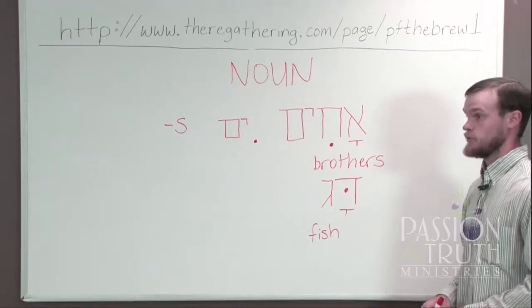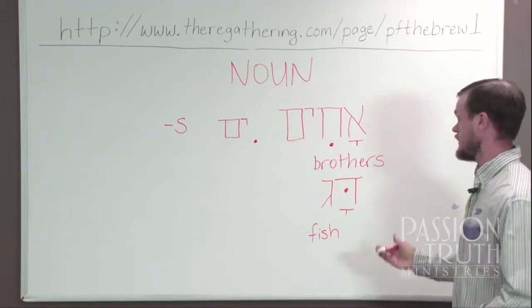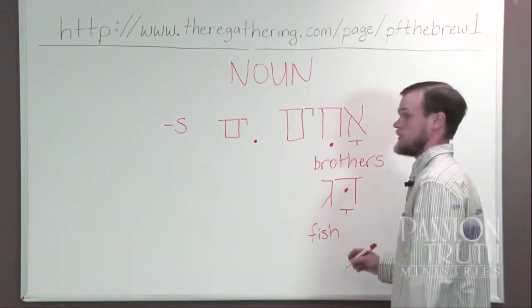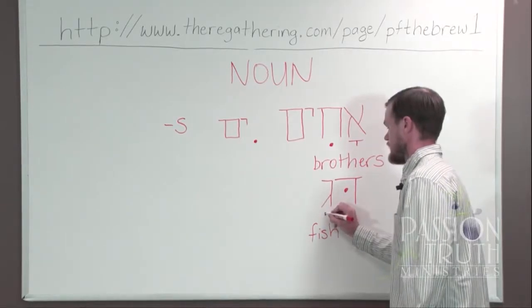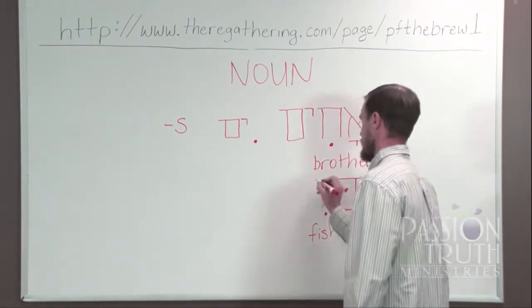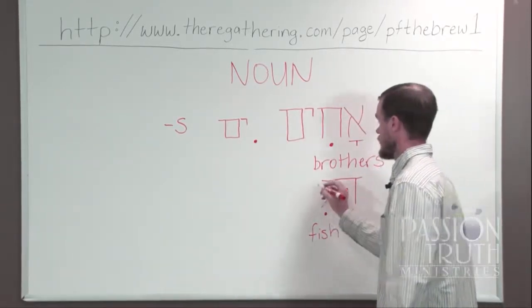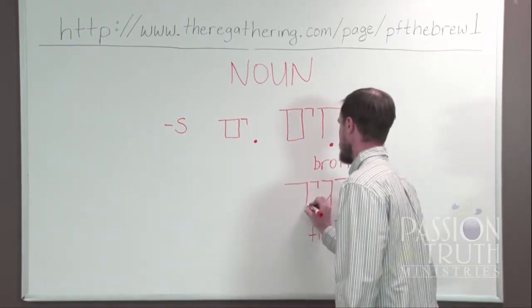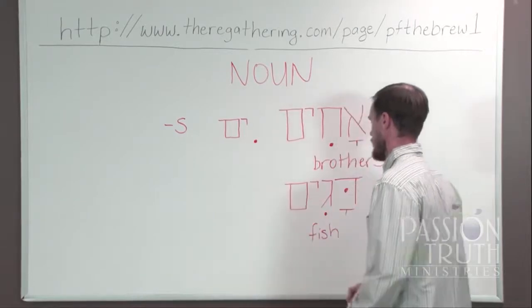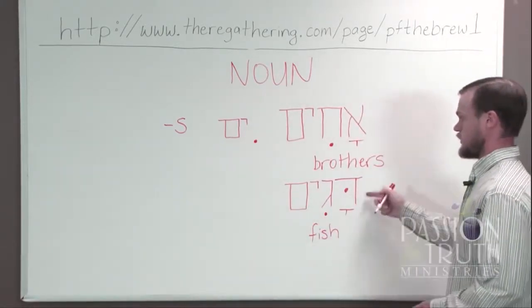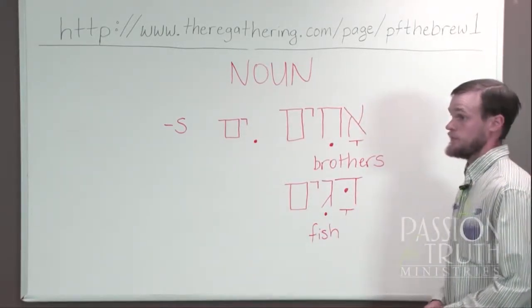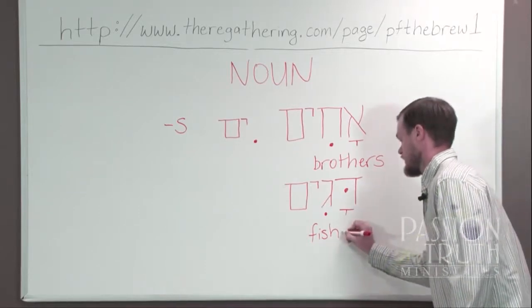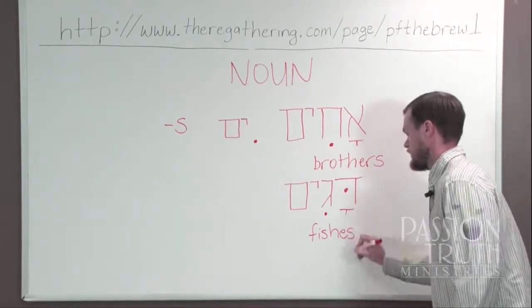If we wish to speak of more than one fish, then we add the plural suffix. So chirek under the gimel, followed by a yod, followed by a final mem. The word is now pronounced dagim. Fishes.